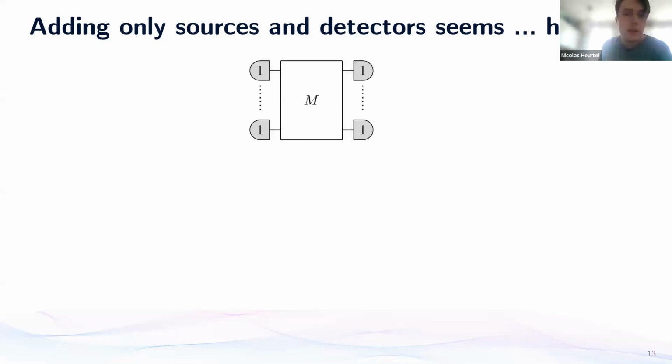So let's just imagine, for instance, an optical circuit, M. M is the unitary behind the semantics of the circuit composed of phase shifters and beam splitters. And we add a one on the input and a one on the output. What happens? It is a scalar, the amplitude, since there is no input, no output.